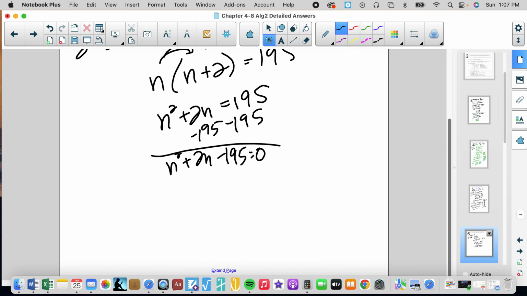Factors of 195, because a is 1. I did my a times c. 1 and 195, 2, no. 3, yes, 3 goes into that, 65? 65 minus 18... 15, yeah, and 18, yeah, that's good. 4, no. 5, yes. 5 and, well, what's that?